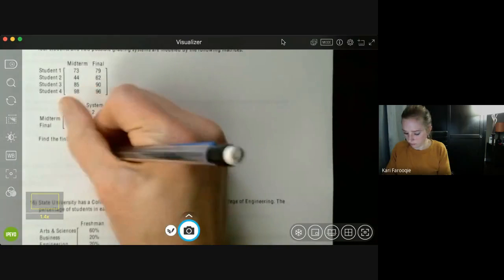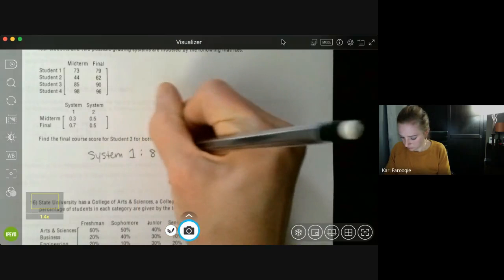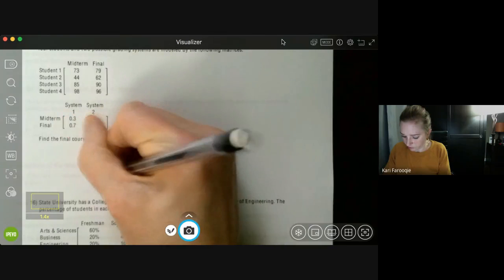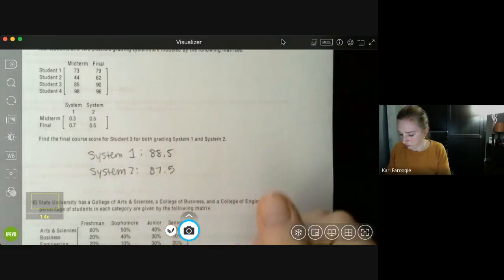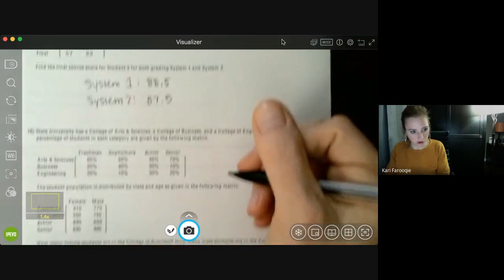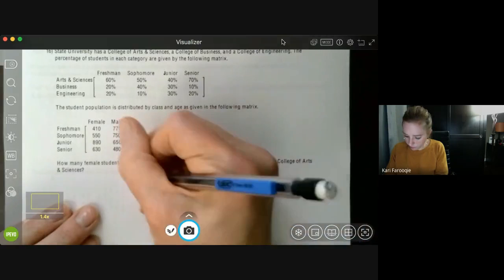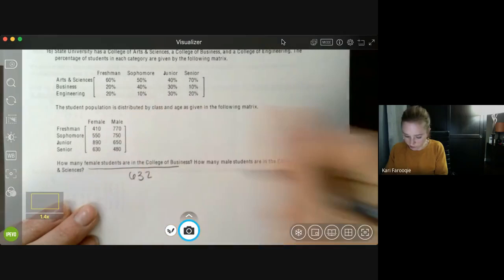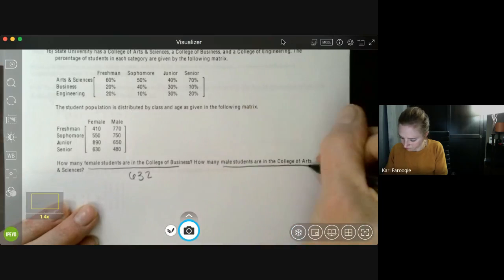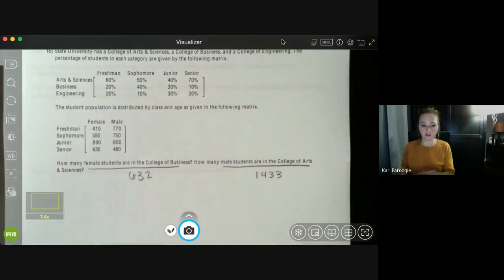System 1, 88.5, and System 2, 87.5. It's just matrix multiplication that you're doing here. And then for here, you're going to get 632 and 1433. You can just check if you want to.